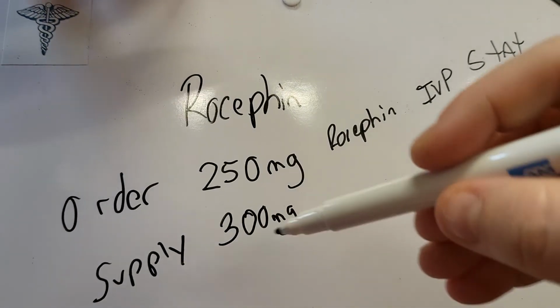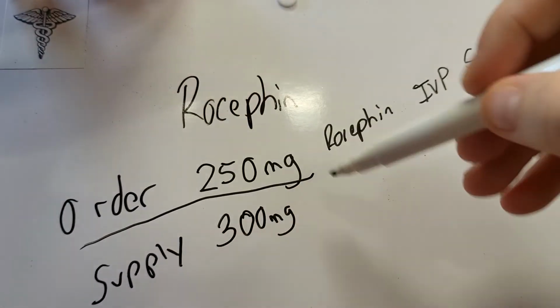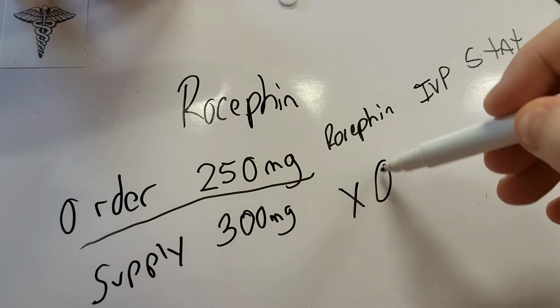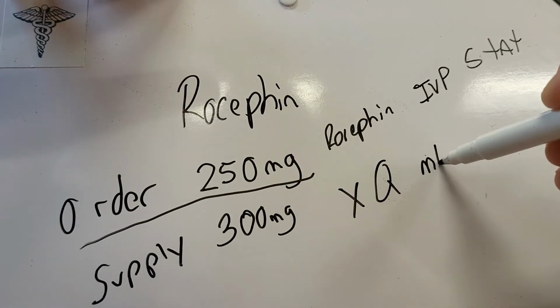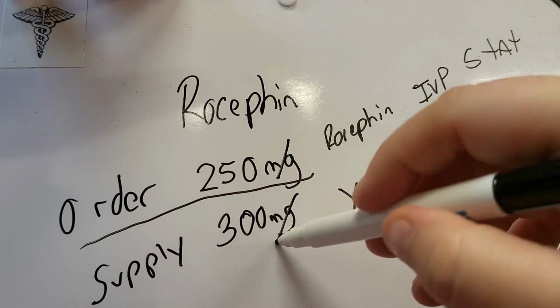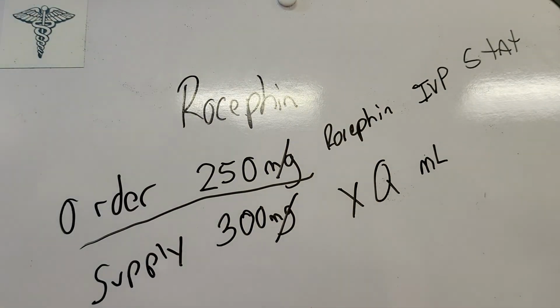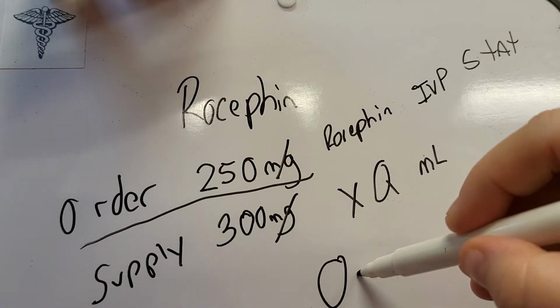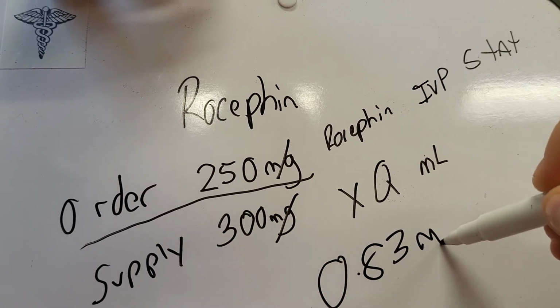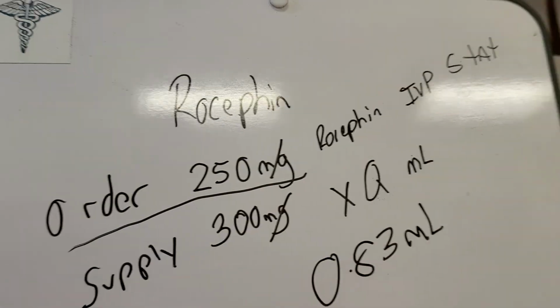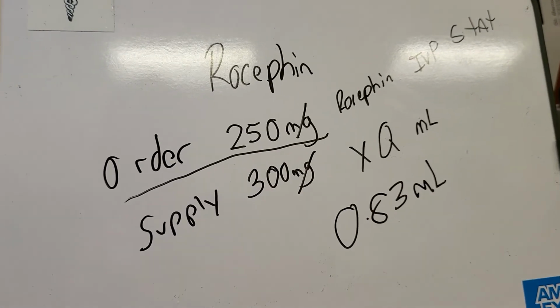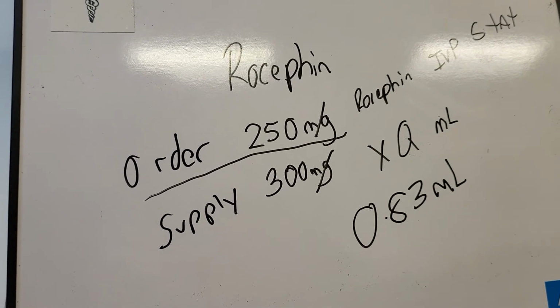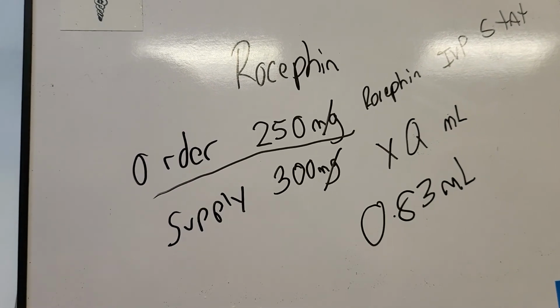You see where I'm going with the formula? I'm going to divide that, and we know we're going to times it by the quantity, which is an ml. This is going to cancel, that's going to cancel. You do the math, it's going to equal 0.83 mLs. That's how you would do an order over supply, if you want to do it like that.